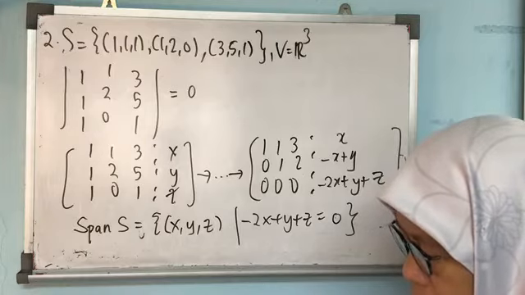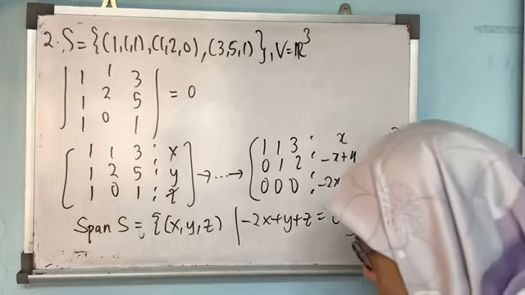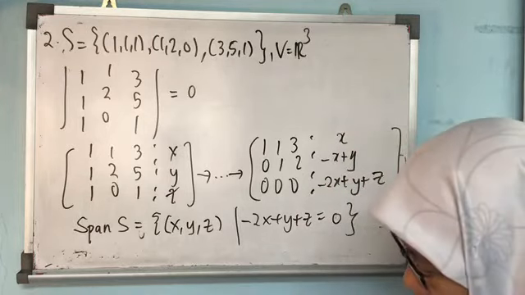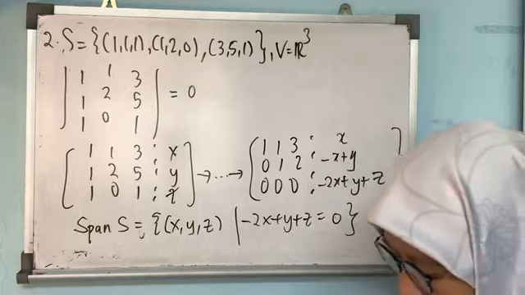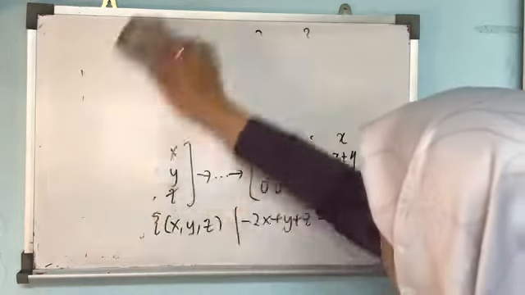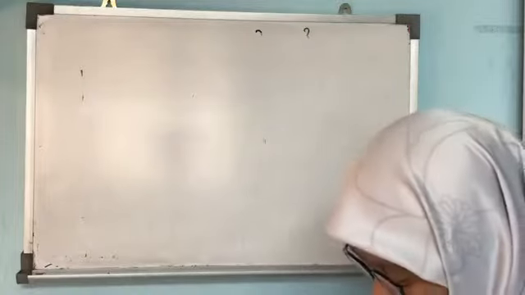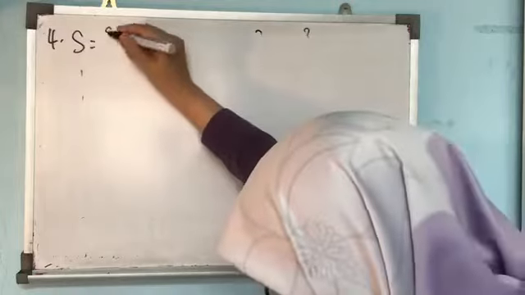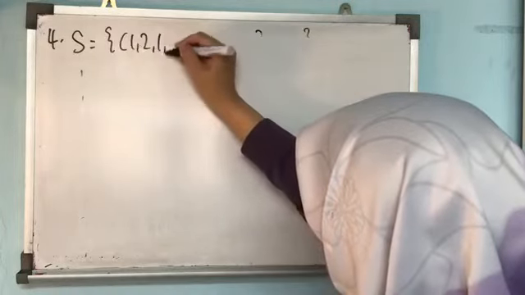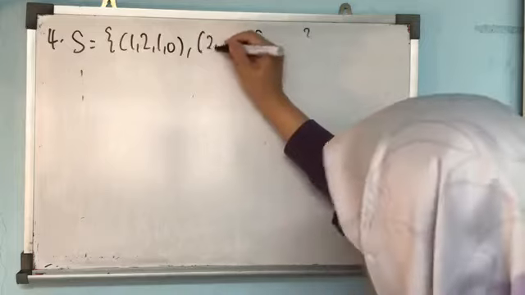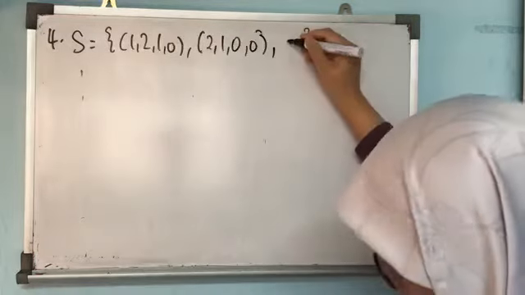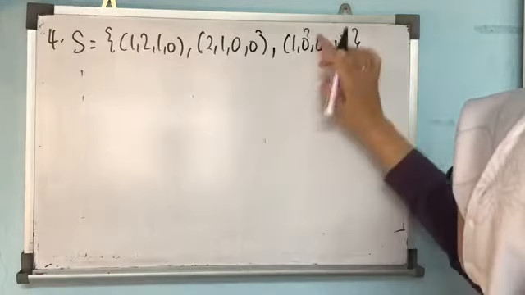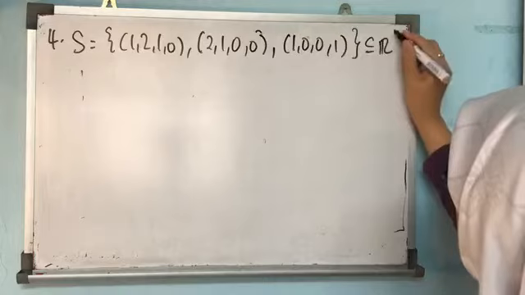Example number 4. So I increase the dimension, but still in this case m is less than n. So m is 3 and this is in R4.